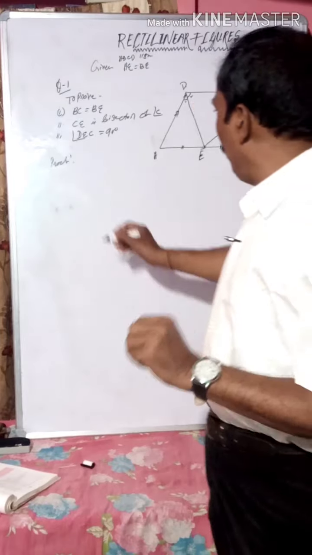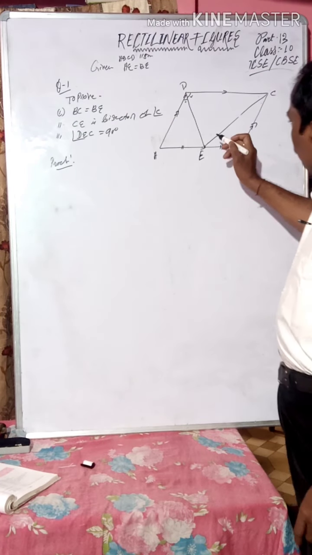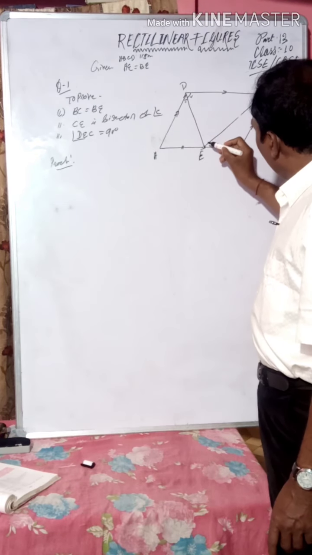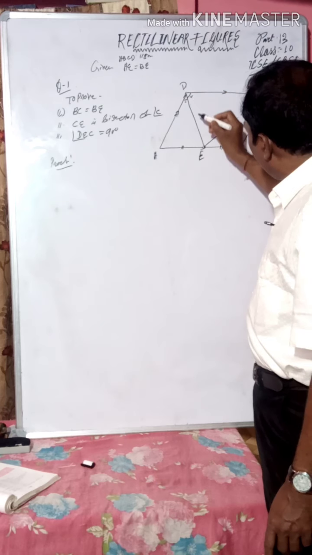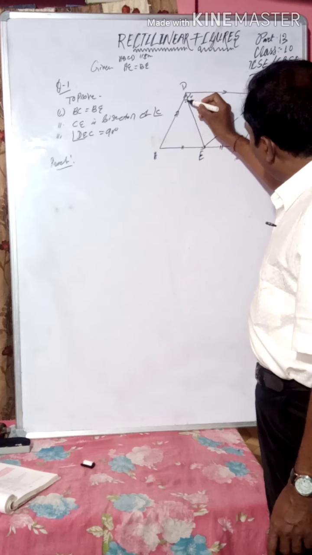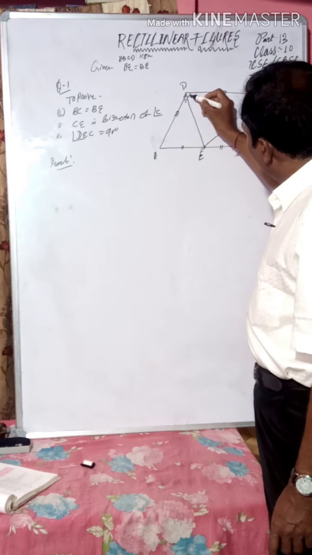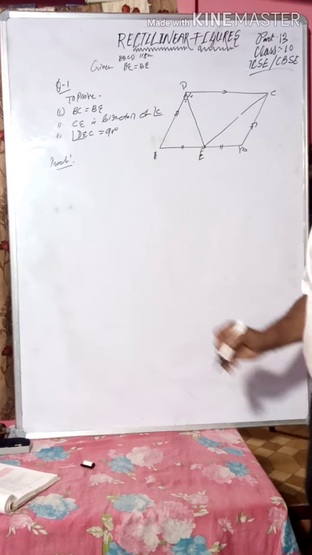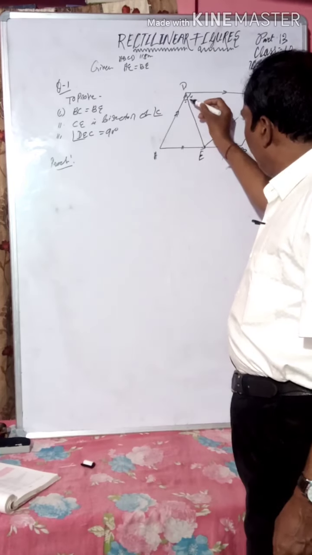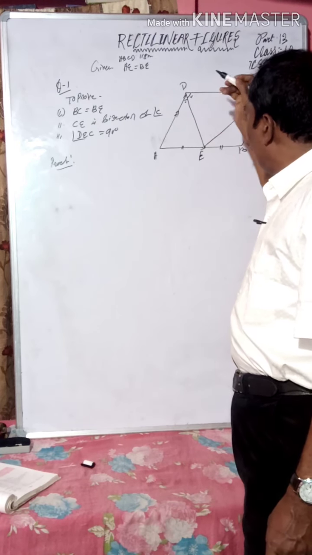Now first proof. This angle is equal to this angle, because DE is the bisector of angle ADC, so this angle is equal to this angle.